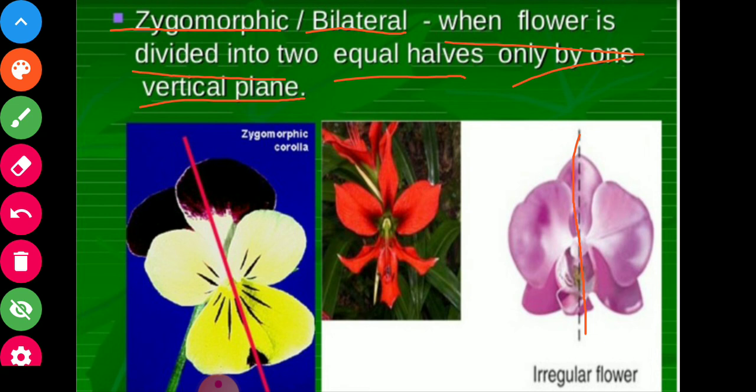No other line can be drawn to divide the flower into two equal halves. Here you can also see the flower is divided into two equal halves only by a single plane. So these flowers are called zygomorphic, and the symmetry is called zygomorphic or bilateral symmetry.